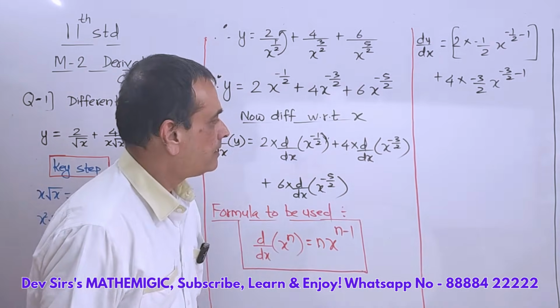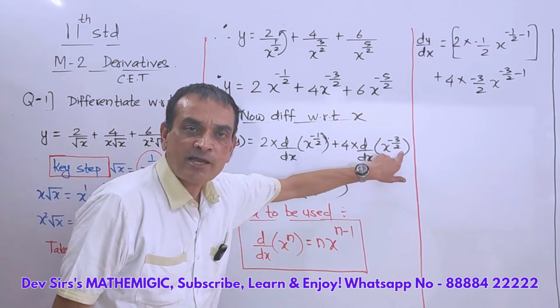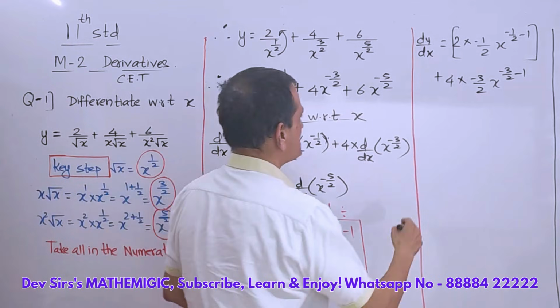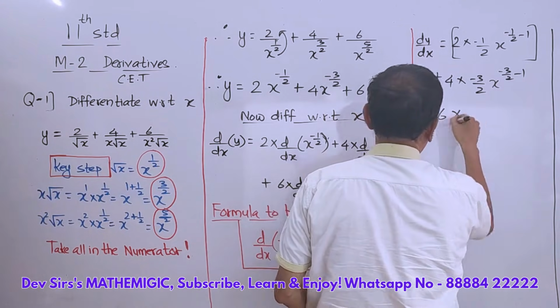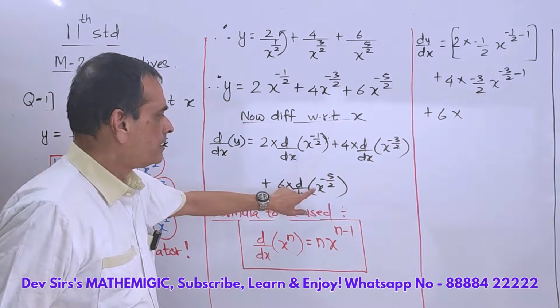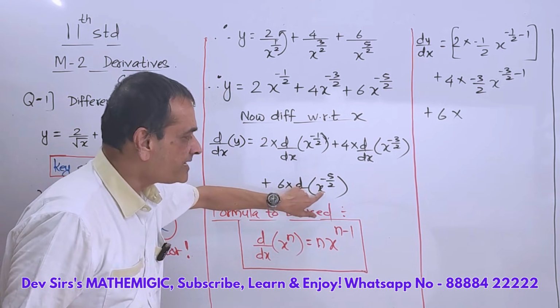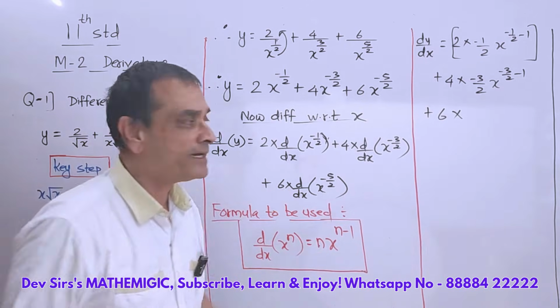As simple as that. n can be negative, n can be a fraction, it can be anything. Minus 1 to be done on the power. Plus 6 into, what now? Minus 5 by 2 comes in front, x raised to minus 5 by 2 minus 1.